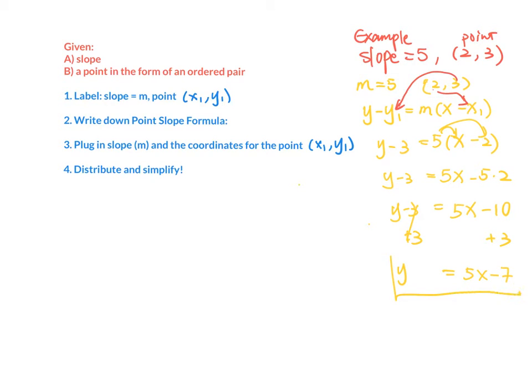And that's my final answer. So again, I'm asked to write this equation when given a point as well as a slope. And you simply use this formula called the point-slope formula, which is y minus y1 equals m times x minus x1.